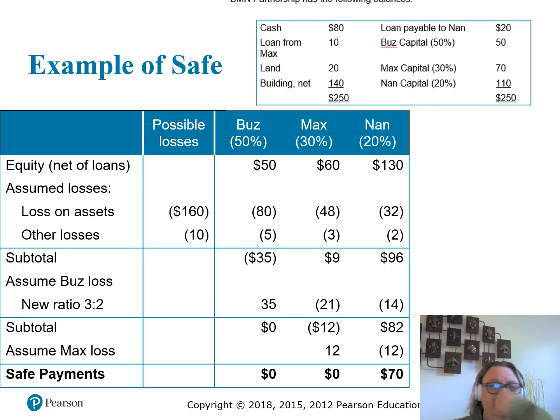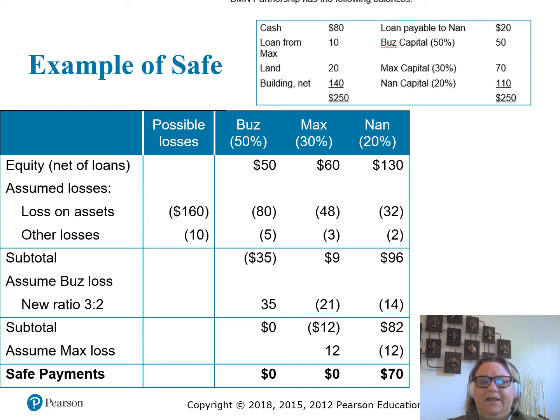The safe payment schedule, I brought in the information. Let's just walk through this nice and slow. So the first thing we do is we break out the equity that we had, net of loans. You can see the breakdown is 130, I just like to pull out my calculator, it's 130.